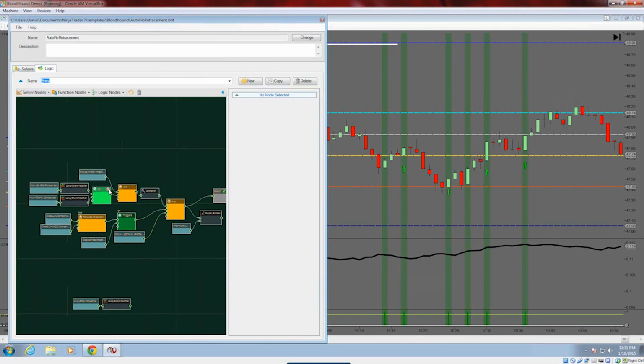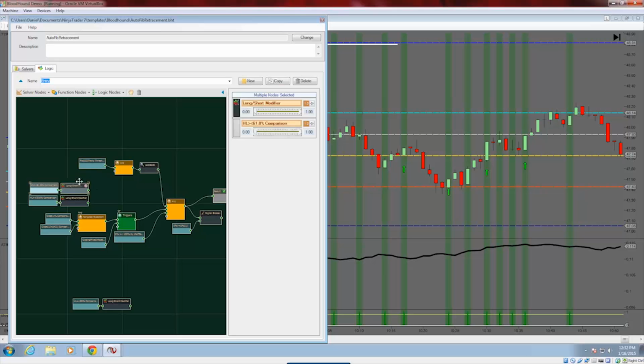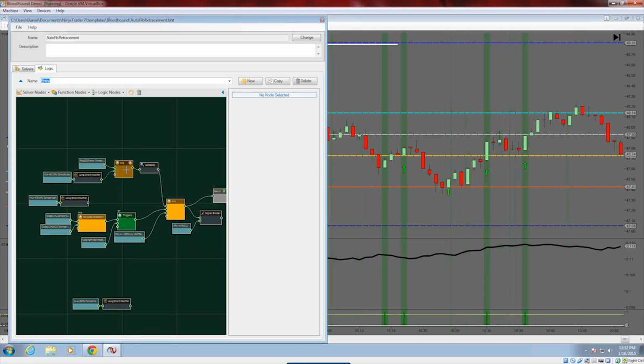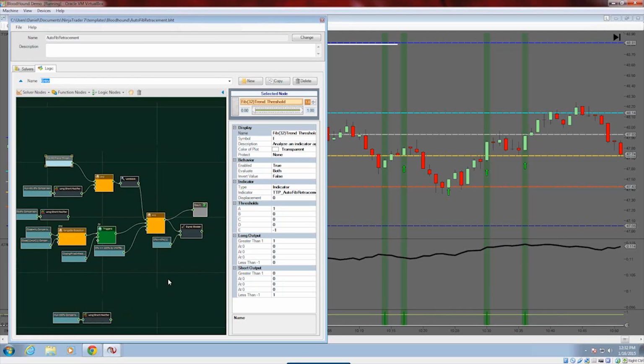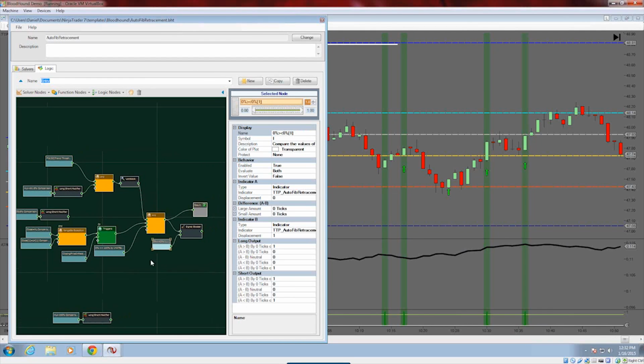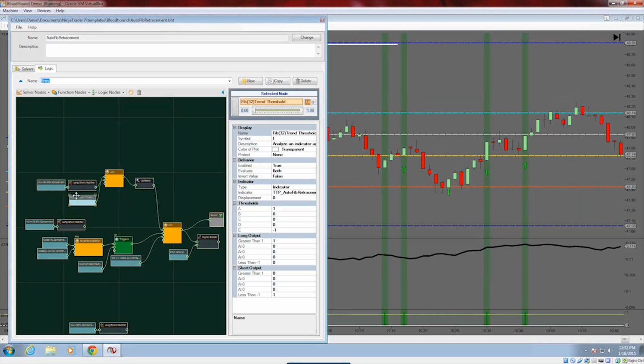So we'll have one for the 61.8. And really, I don't need this necessarily now because I have the trend defined. Yeah, never mind. Let me just make it simple. I'll just keep it like this. I'll bring this one below.